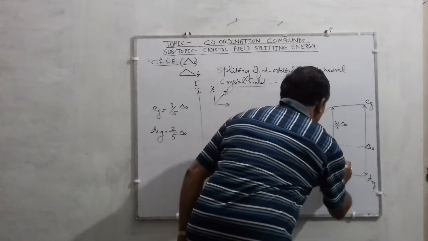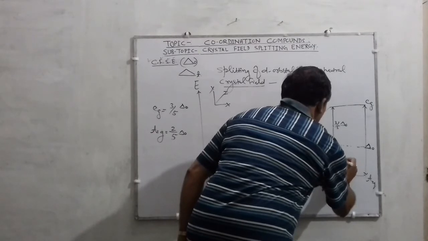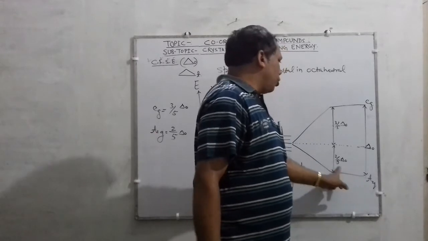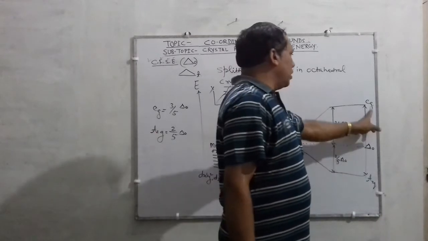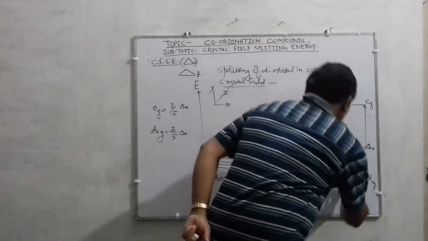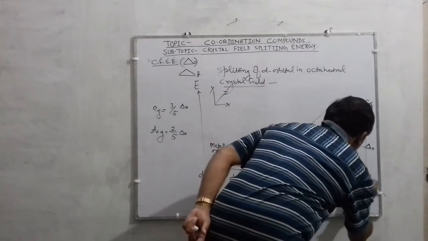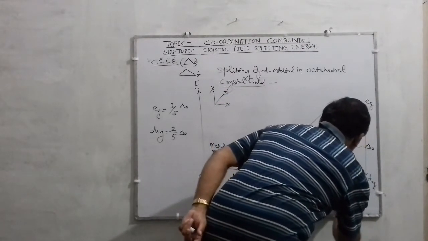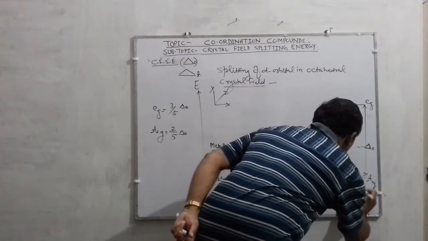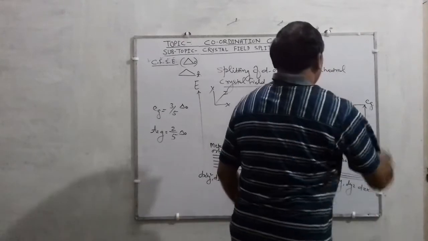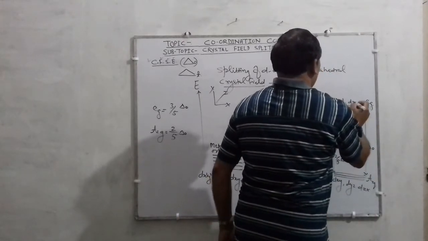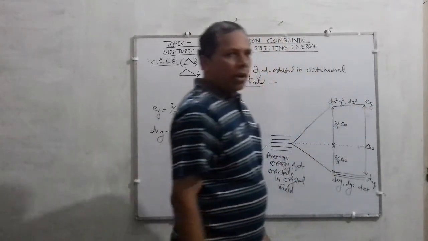The energy of T2g is 2/5 Δ0 and the energy of Eg is 3/5 Δ0. In this, the three orbitals are called dxy, dyz and dzx, and the Eg orbitals are dx² − y² and dz² orbitals.